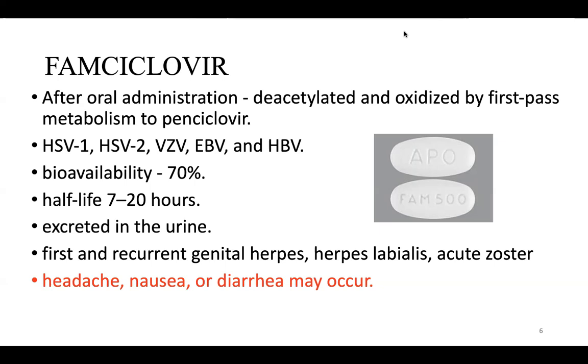Oral famciclovir is effective for the treatment of first and recurrent genital herpes, for chronic daily suppression of genital herpes, for treatment of herpes labialis, and for the treatment of acute zoster viral infection. Oral famciclovir is generally well tolerated, though headache, diarrhea, and nausea may occur.